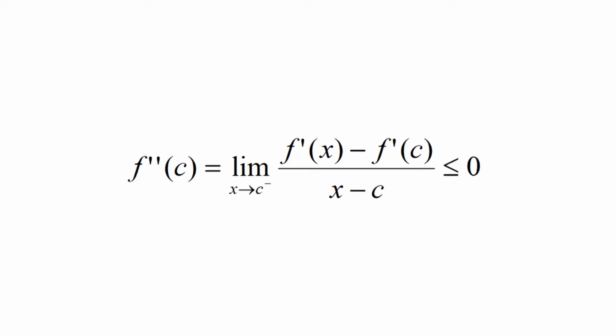Since f''(c) exists, the value f''(c) is the same as the left hand and right hand derivatives of f' at c. Hence, in particular, we obtain f''(c) equal to the limit as x goes to c from the left of (f'(x) - f'(c))/(x - c), which is less than or equal to 0.